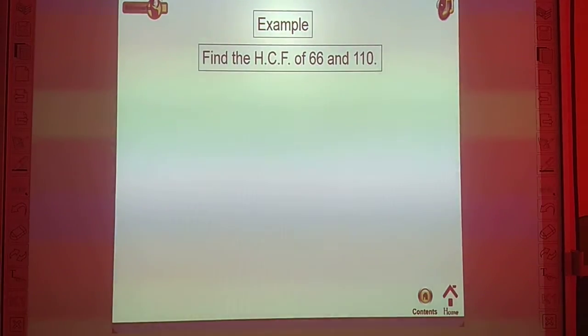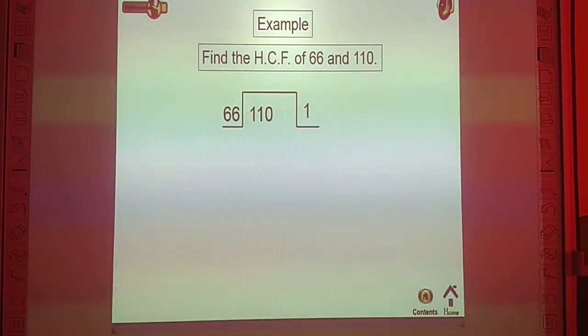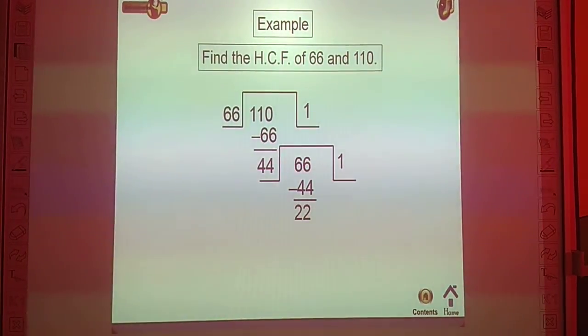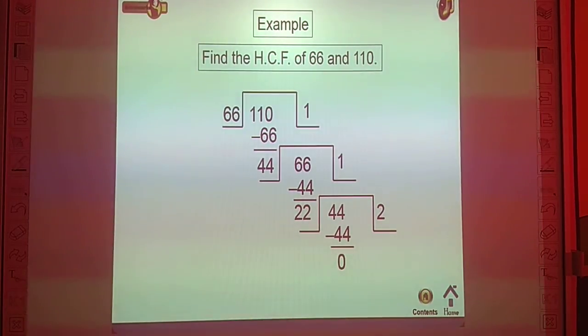Let us find the HCF of 66 and 110 by the division method as shown. Here, the HCF of 66 and 110 is the last divisor, that is 22.